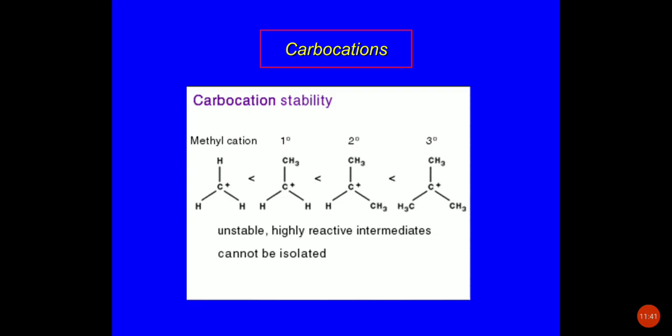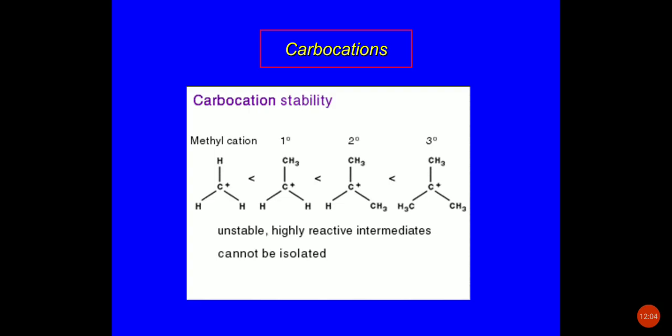So here also you have one stability feature. Methyl cation CH3+, that is primary. Then CH3CH2+, that is also primary. Then CH3CH+CH3, that is secondary.